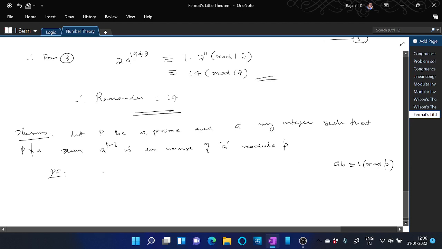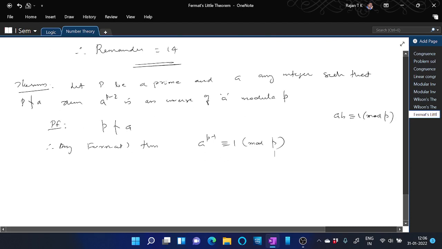Here p is a prime number such that p does not divide a, and therefore by Fermat's theorem a raised to p minus 1 is congruent to 1 mod p. But a raised to p minus 1 you can write as a into a raised to p minus 2, which is congruent to 1 mod p.